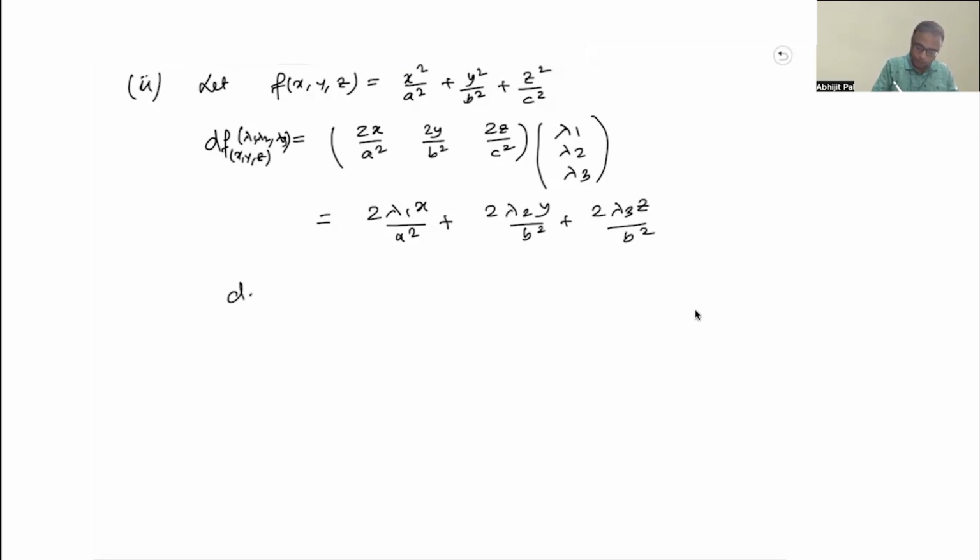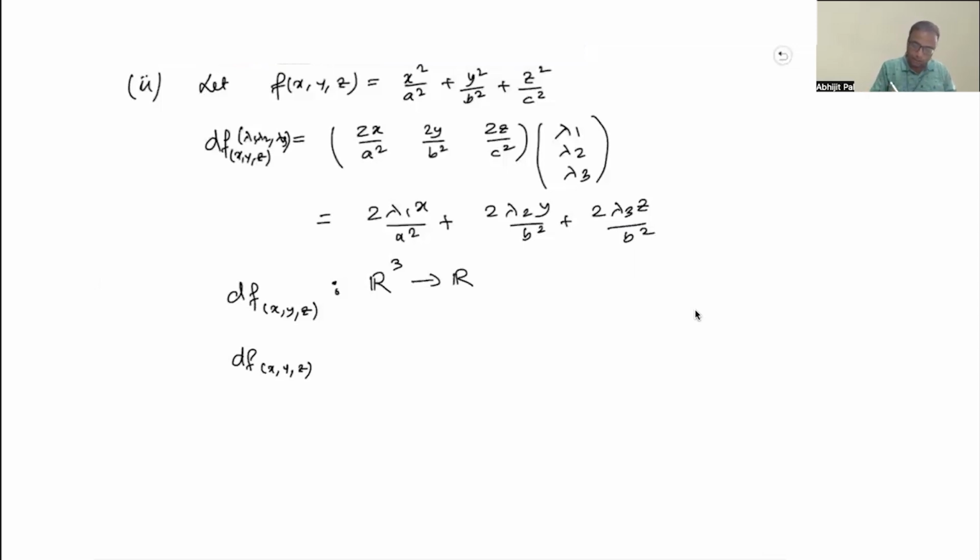So this linear map is from R3 to R. Okay. So again, df at (x, y, z). Here the dimension of the domain space is 3 and the dimension of the codomain space is 1.